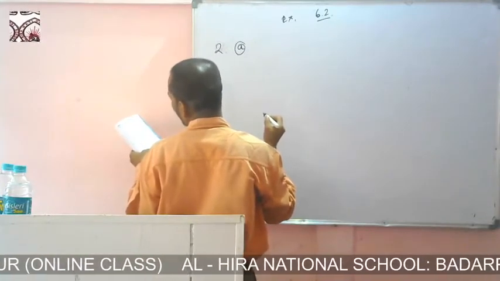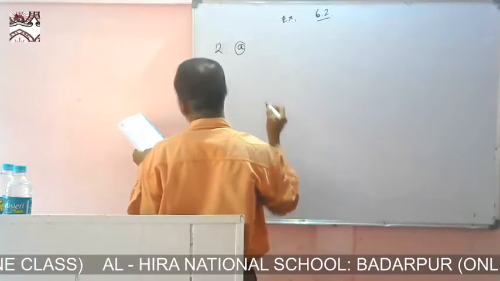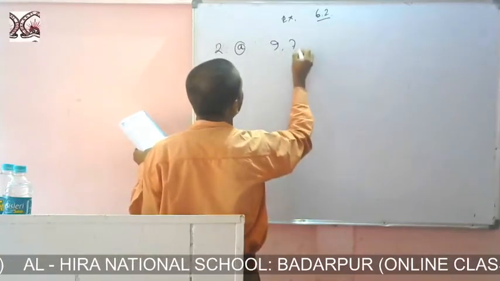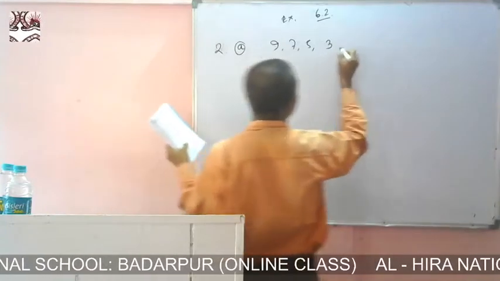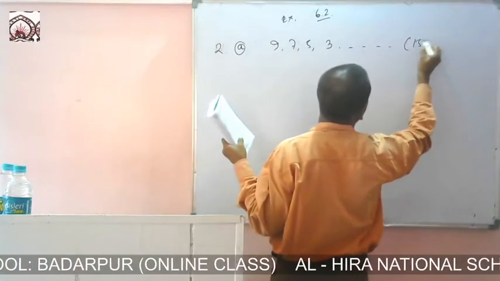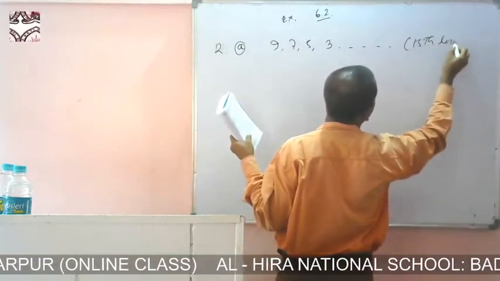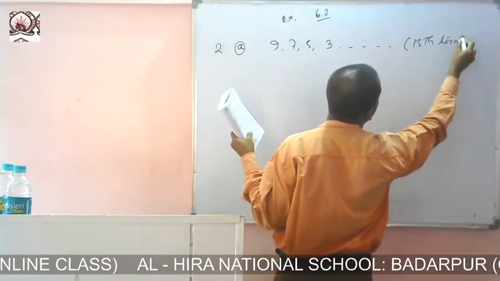2A is 9, 7, 5, 3, and we have to find the 15th term.